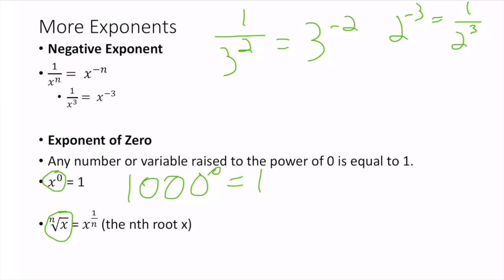So if we had, say, the cube root, or the third root, of x squared, we could rewrite this as a fractional exponent: x raised to the power of 2 over 3. Again, those will help us simplify.